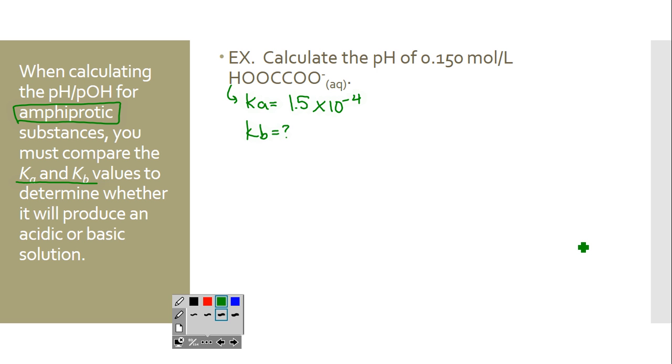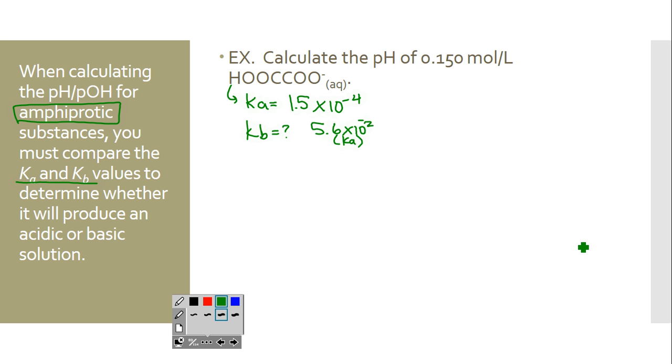So to find Kb, I'm going to take that 5.6 times 10 to the power of negative 2. That's the Ka value on the line where hydrogen oxalate is a base. Okay? Now, does anyone have questions about where I'm getting these numbers from so far?